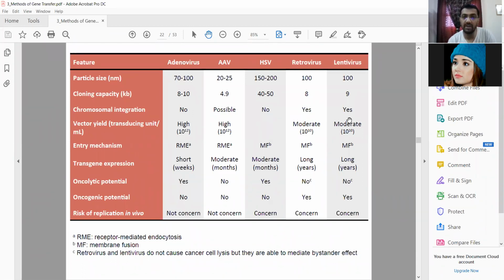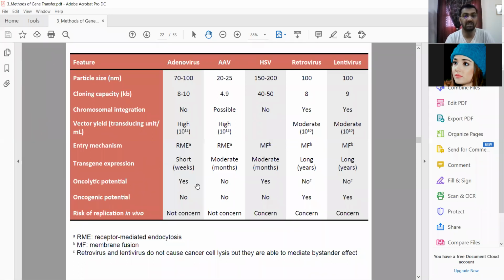If we talk of entry mechanism, adenoviruses and adeno-associated viruses work through receptor-mediated endocytosis, while these three enter the cells by membrane fusion.